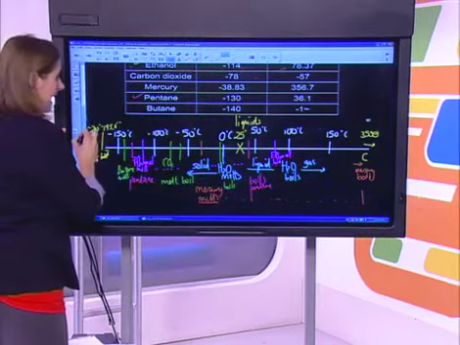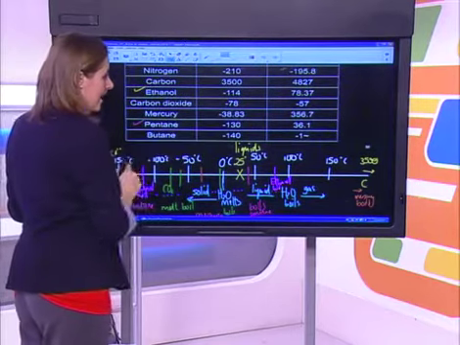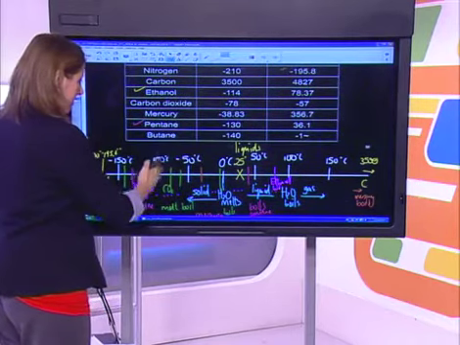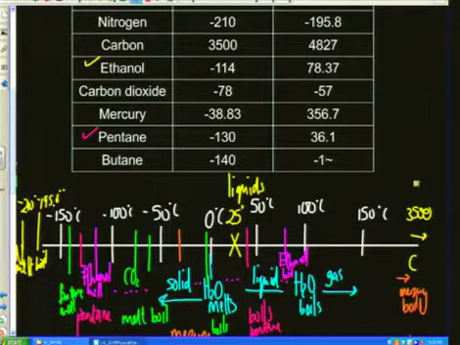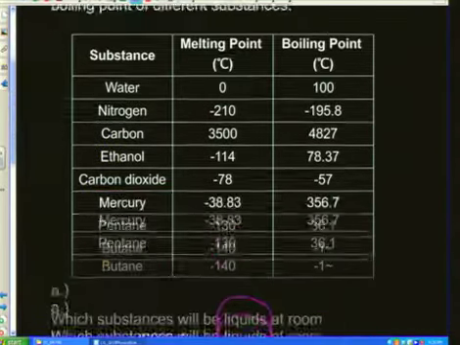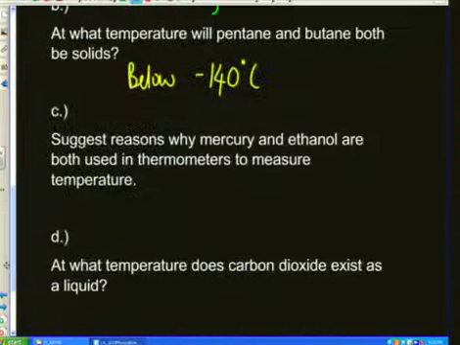Ethanol is a liquid from minus 114, all the way to 78 degrees Celsius. So they've got a big range over which they will be able to measure the temperature.